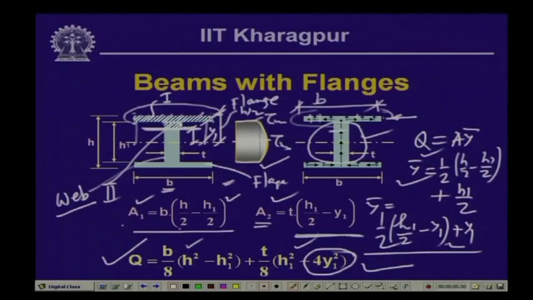If y 1 becomes 0, we get the maximum value of the shearing stress, and when y 1 equals h 1 by 2, that gives us the minimum value of the shearing stress, and this is the distribution shown over here. We get the maximum shear stress over here, and this will give us the value of the minimum shearing stress.